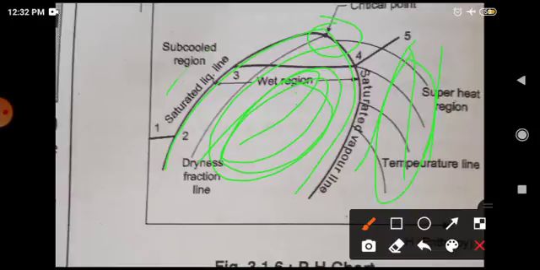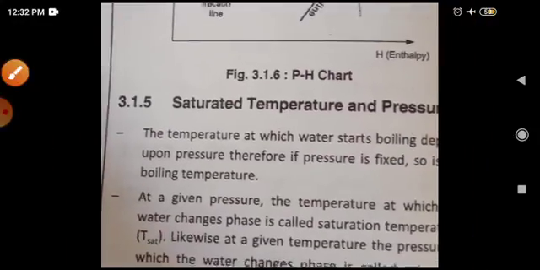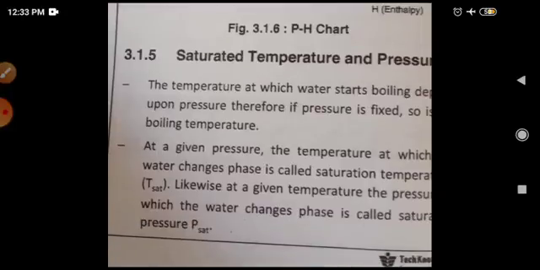Here is the subcooled region, where you will find solid and liquid phases. In this way the pressure enthalpy diagram is shown. Now the saturation pressure and temperature. The temperature at which water starts boiling depends upon pressure. Therefore, if pressure is fixed, so is the boiling temperature.